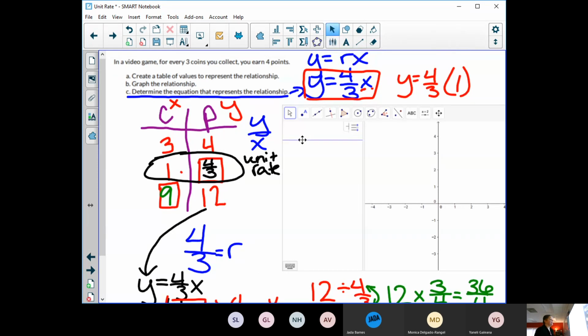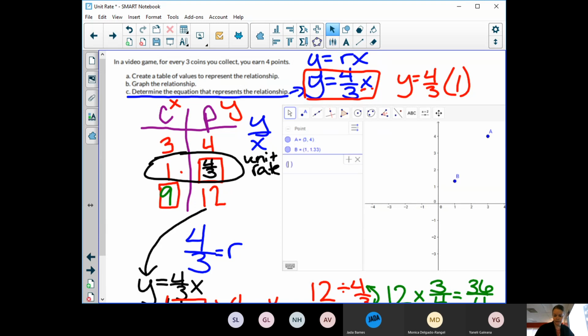So the last part that you have is to graph the relationship, because we did A and C. So now I'm going to graph these. And we have 3, 4. We have 1, 4 divided by 3.